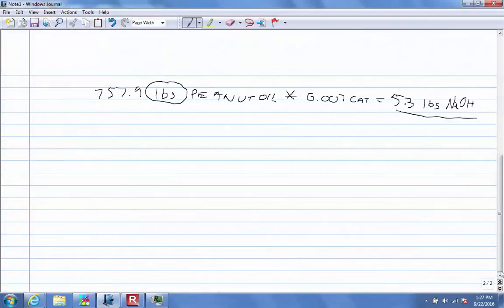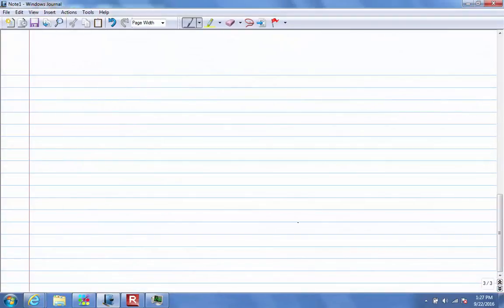We'll go to a clean page, and this is the week 4 problem. And what's our useful information? That's what we're looking for out of there.